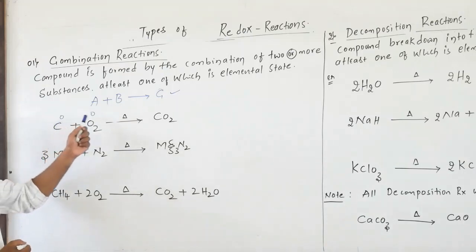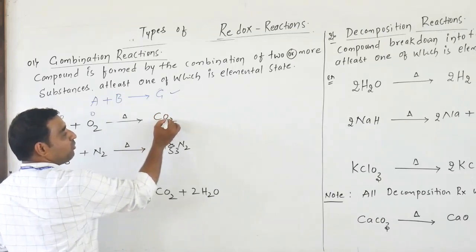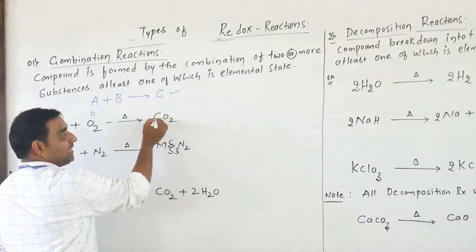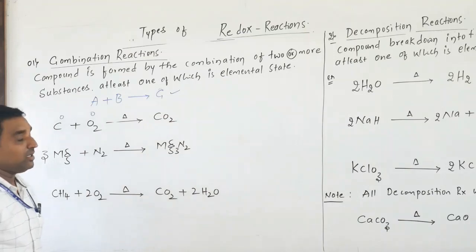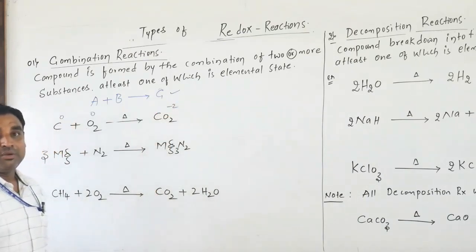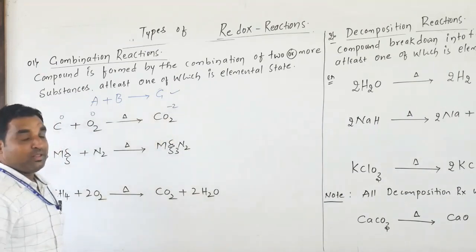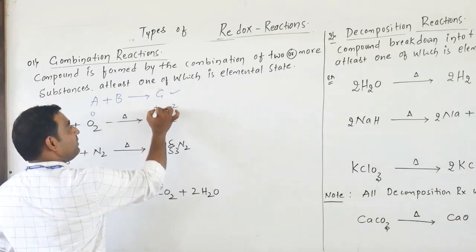Oxidation state of both is zero. Now oxygen is more electronegative, hence we get the minus charge, and carbon will get the positive charge. One oxygen has a -2 charge, two oxygens are there, hence it is -4. So carbon will be +4.